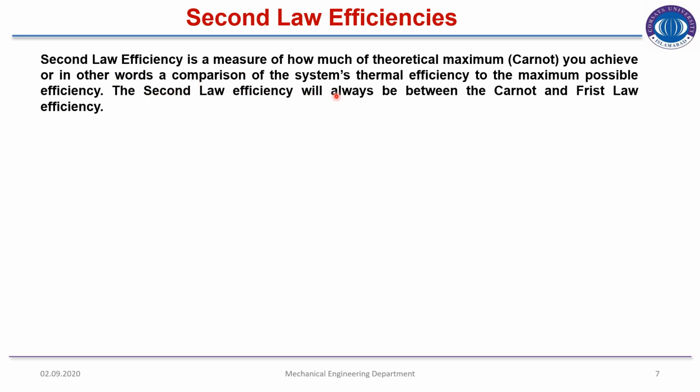The second law efficiency will always be between the Carnot and first law efficiency. In time we will discuss what first law efficiency and Carnot efficiency are, and how we calculate second law efficiency.